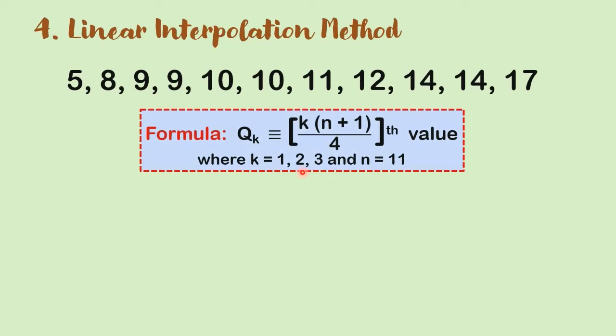Because the linear interpolation method is applied when the obtained value here is not a whole number. But you saw earlier, right? Using this formula, we got whole numbers. Okay, so there's no need to apply the linear interpolation method.